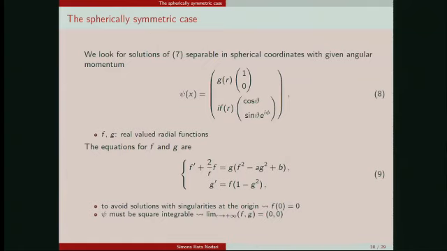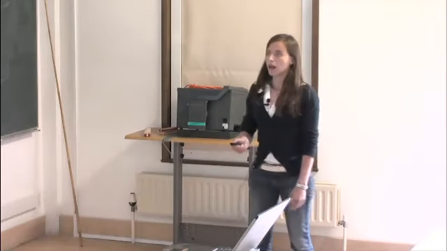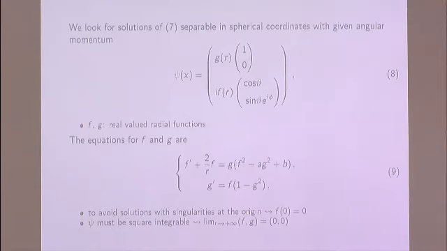Moreover, to avoid solutions with singularity at the origin, I suppose that F0 is equal to 0, and since psi must be square integrable, I look for solutions such that F and G go to 0 as r goes to infinity.